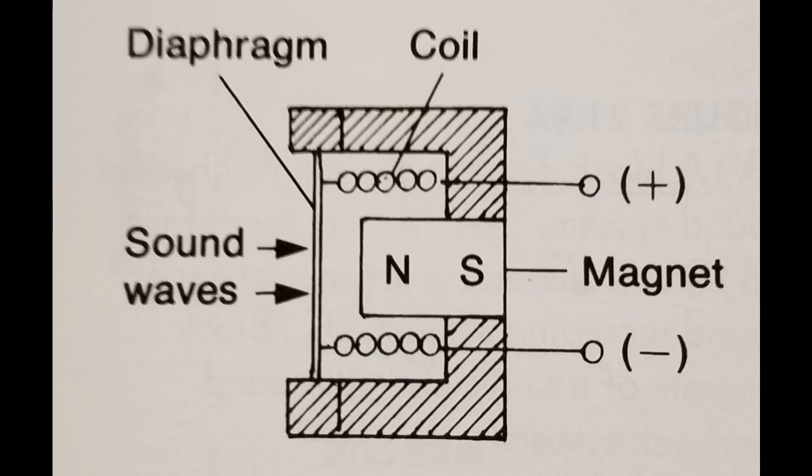The dynamic microphone is where the heart of this microphone comes from: a magnet surrounded by a wire coil.